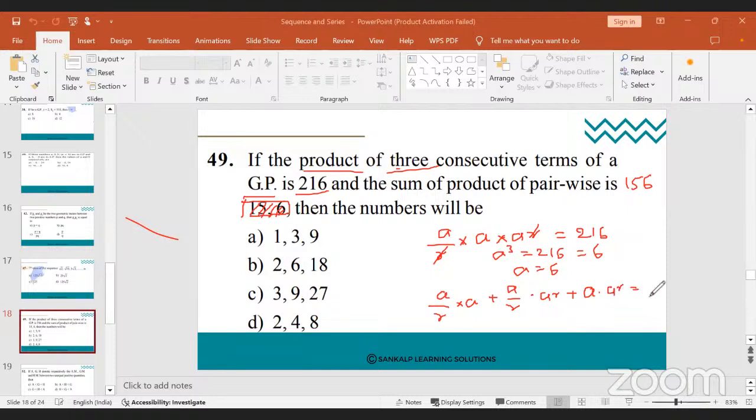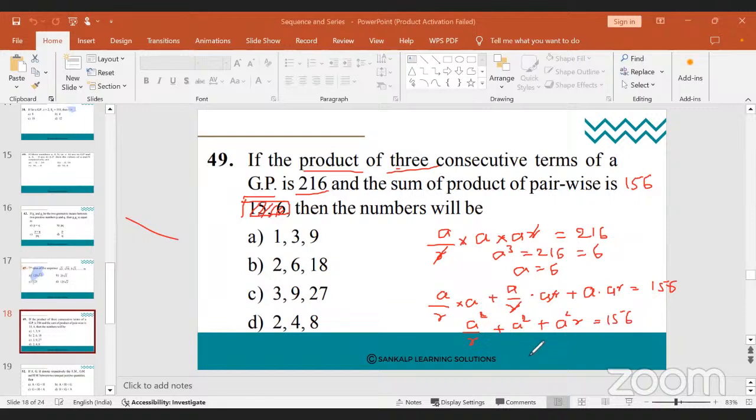The sum gives us 156, that is the second case. So it is A square upon R plus, R and R get cancelled, A square, plus A square into R, which is 156.